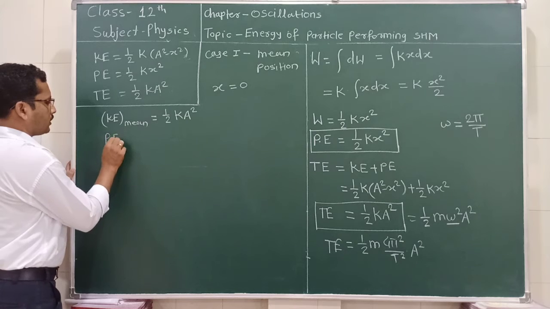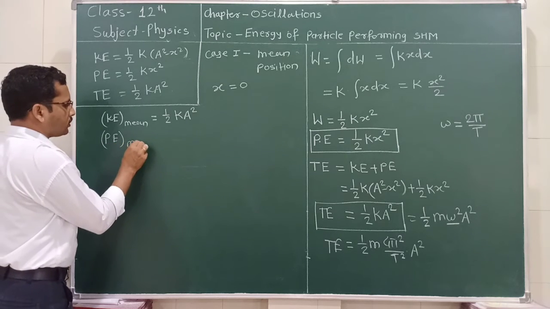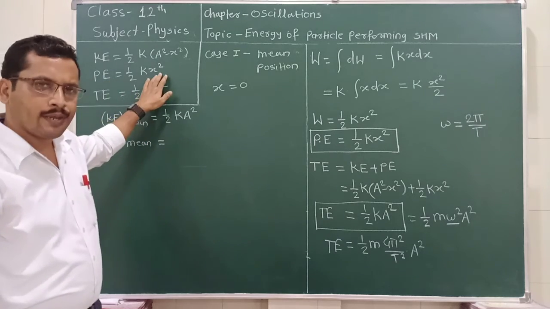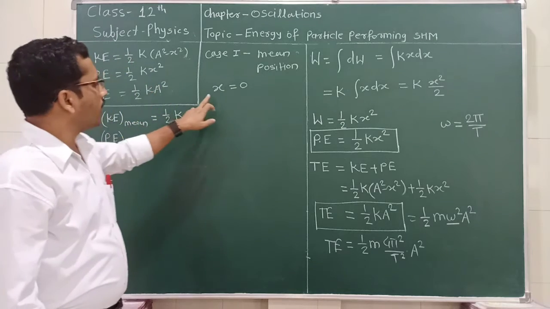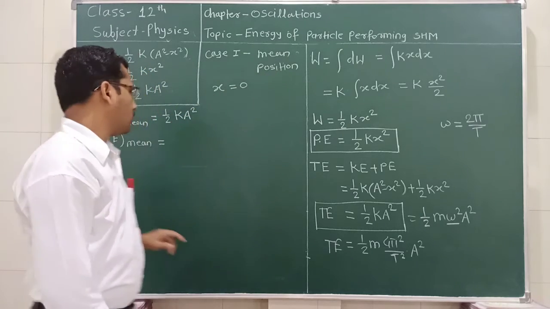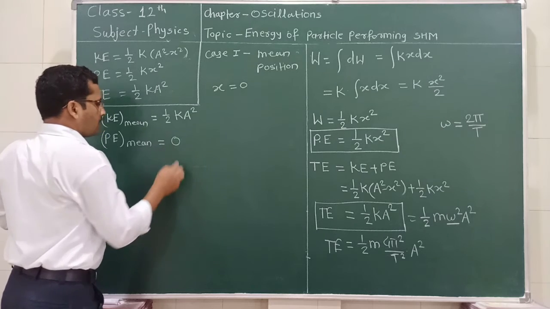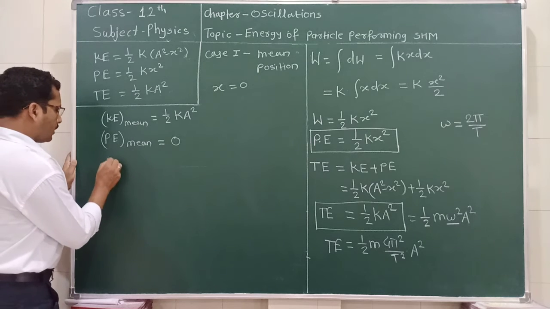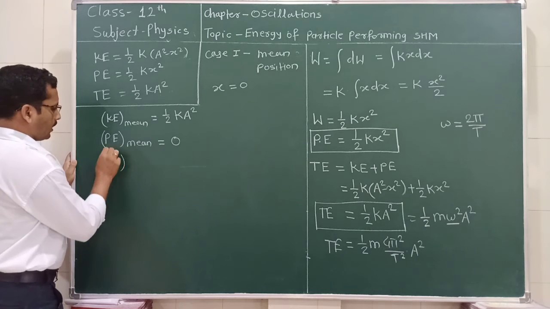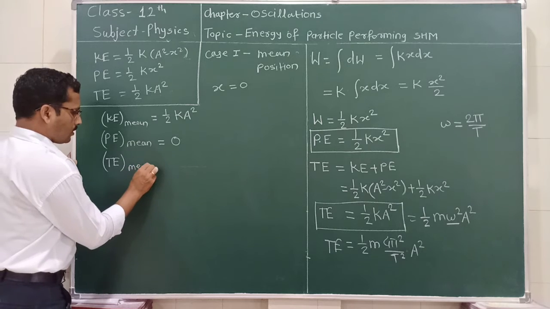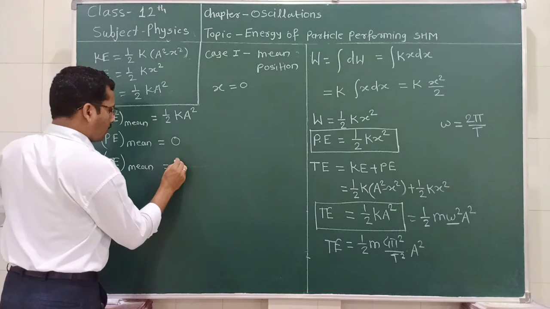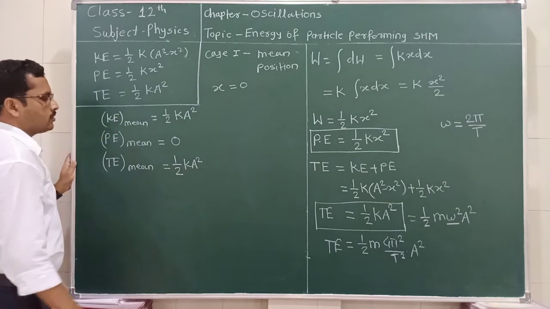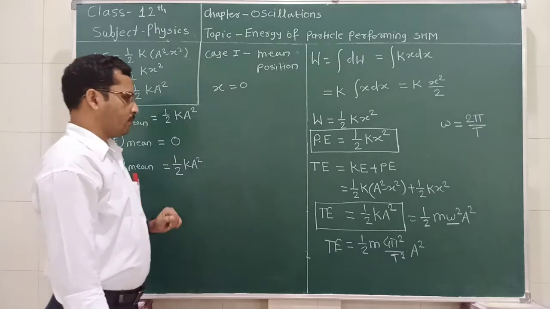Potential energy at the mean position depends totally on the displacement, and the displacement is 0 at the mean position, so the potential energy at the mean position is always 0. Then what is the total energy? The total energy at the mean position is equal to 1/2 k a². So this is the total energy at the mean position.